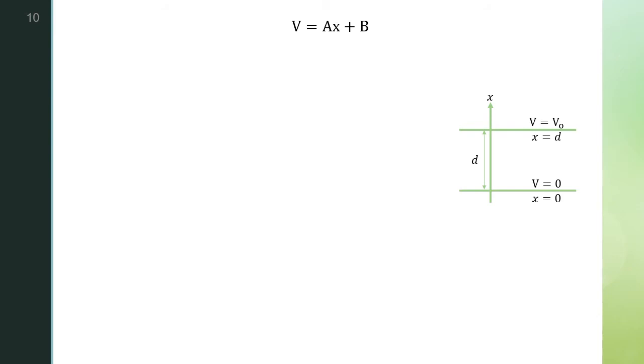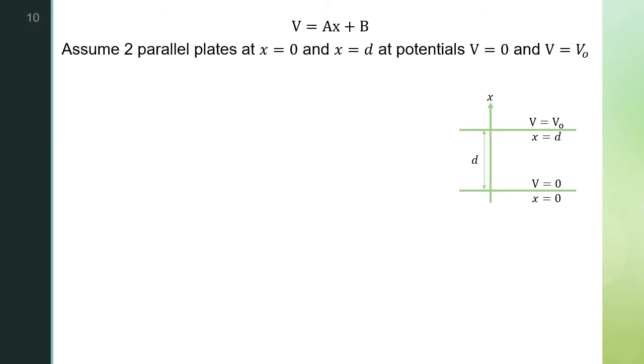So now we have the equation V = ax + b. We'll apply the boundary conditions, that is, substitute x equal to 0 and x equal to d, with the corresponding potentials V equal to 0 and V equal to V0. Substituting the first condition, x equal to 0 and V equal to 0, we get b equal to 0.